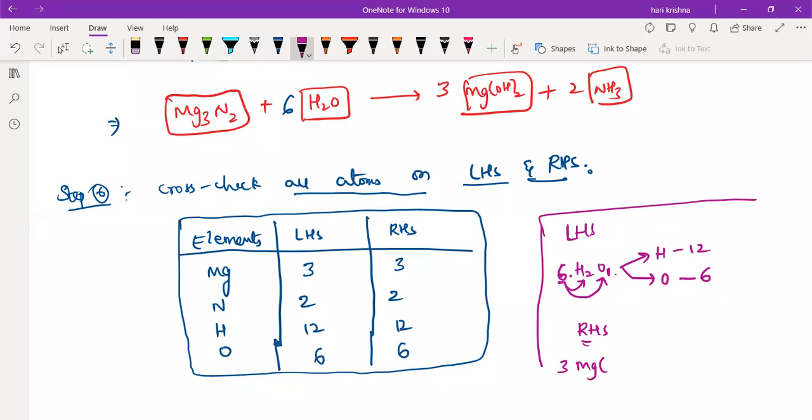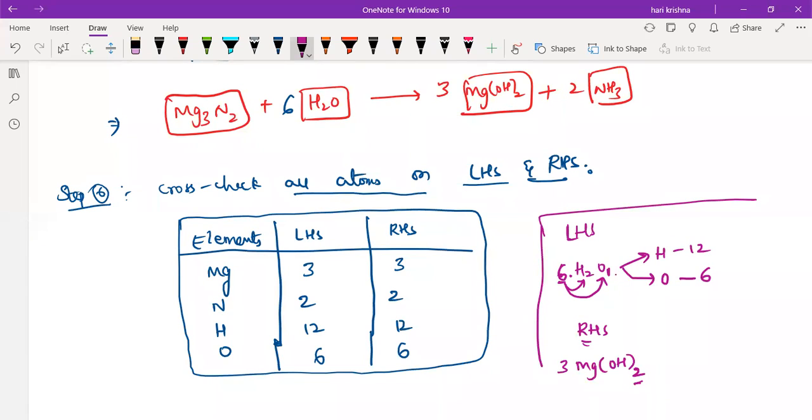3 Mg(OH) taken twice is there. Now in this case, we have the OH taken twice, right?